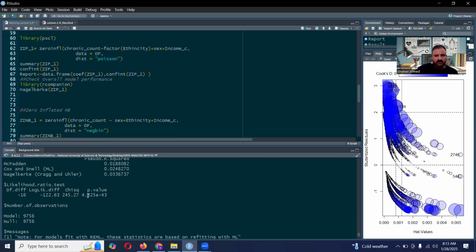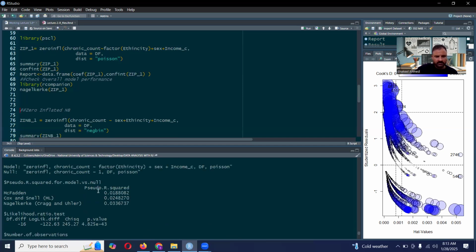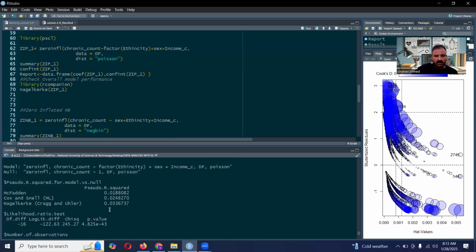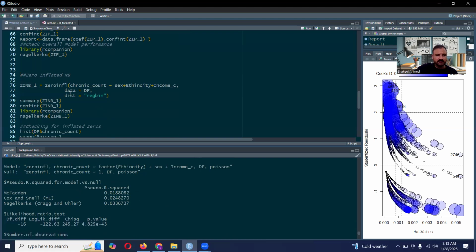And you can also see the pseudo R square for different methods: McFadden method, Cox and Snell method, and Nagelkerke method. So a higher pseudo R square value suggests that the model is a good fit.